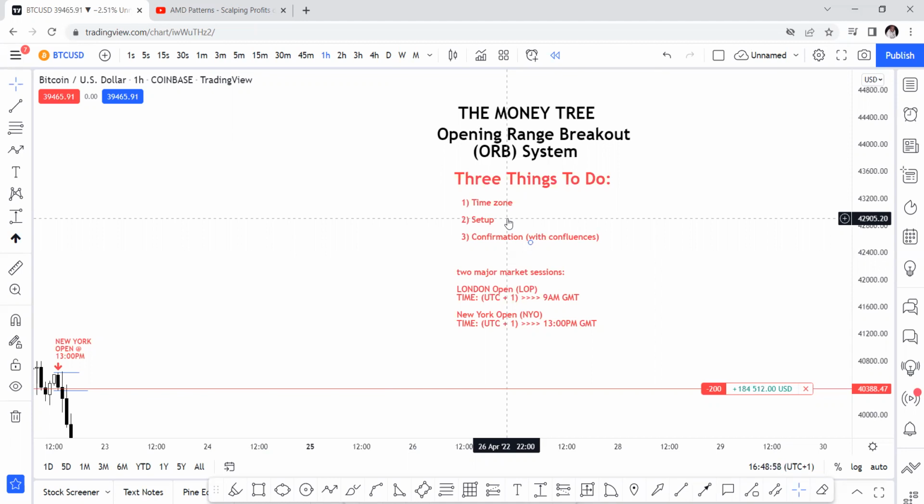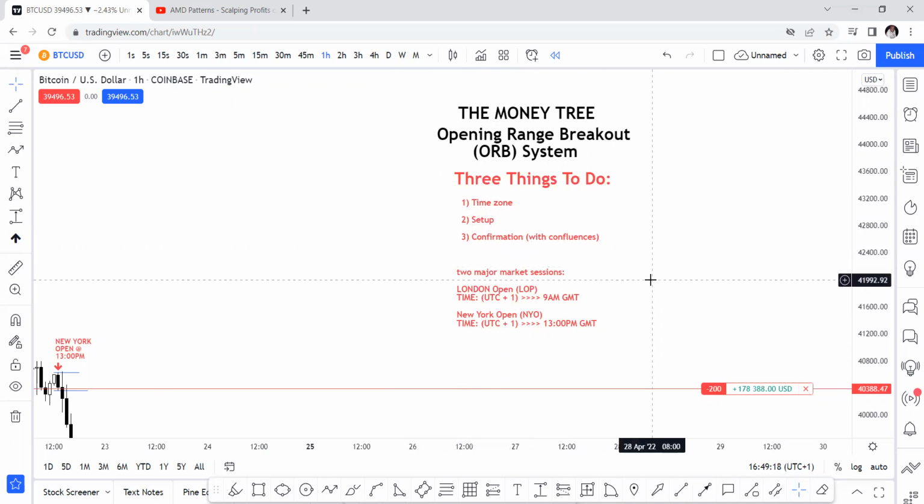Sometimes news may move the market in London, but New York moves more than London. So I concentrate more on New York, 13 GMT. You need the time zone, the setup and the confirmation. Once those three things are in place, you are ready to pull the trigger.